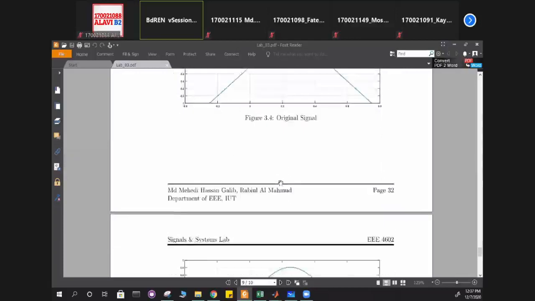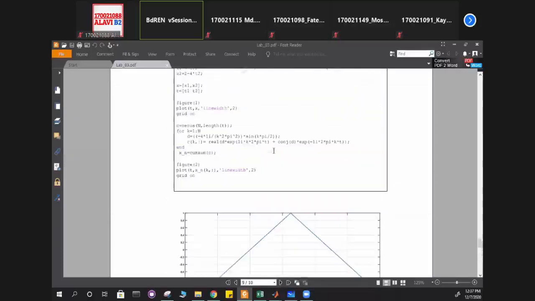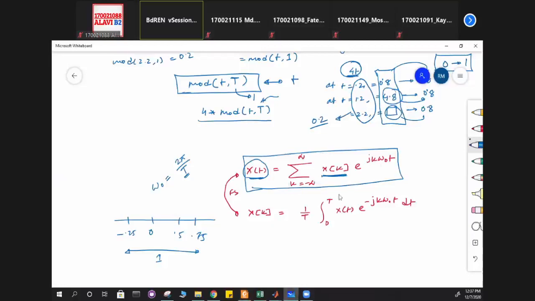And another task that I wanted to add here, you can write in your notebook, is that you need to rewrite this code by changing only this particular line with the equation that you are familiar with.